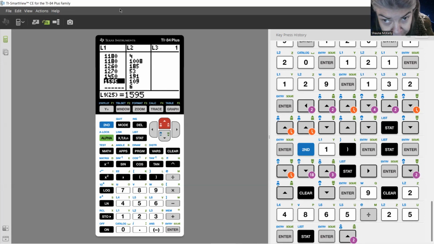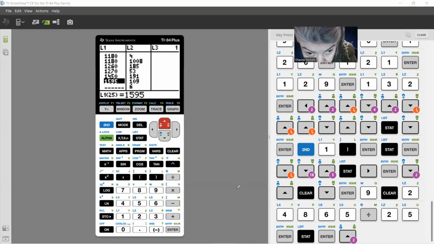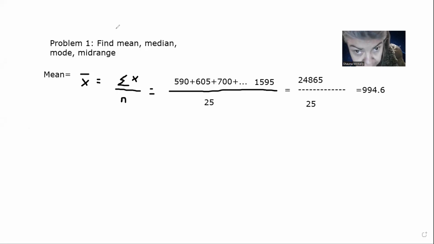So I know here that in this case, I have the median is what?